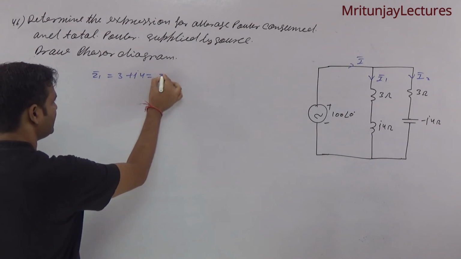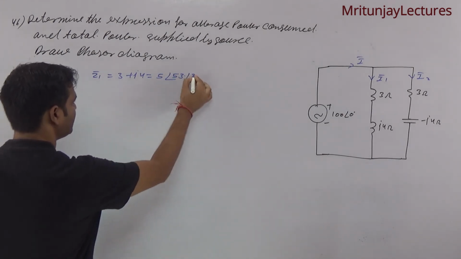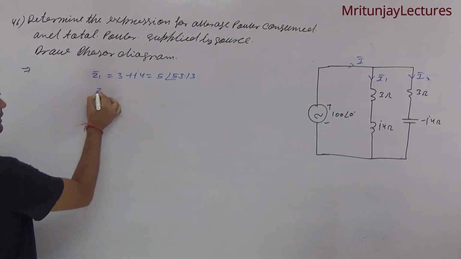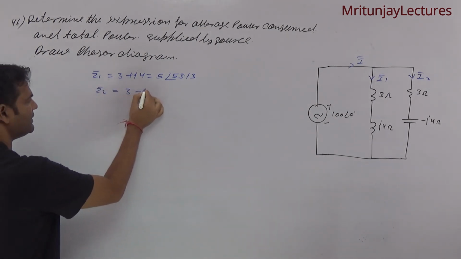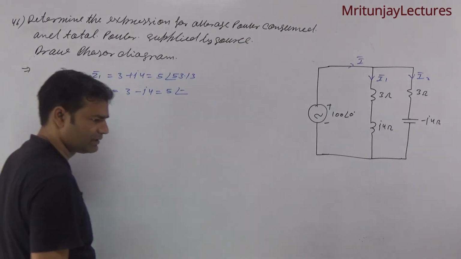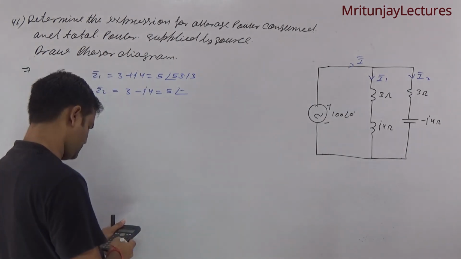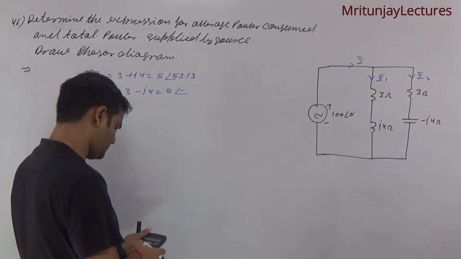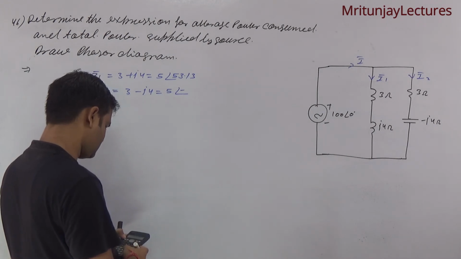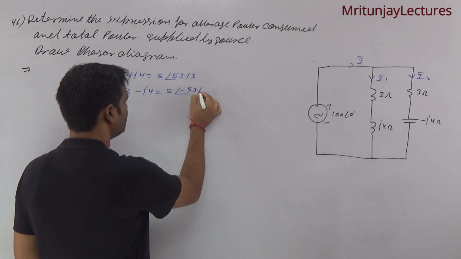It is written as 5 at the angle 53.13. Okay, and what about Z2? That is 3 minus j4, which is written as 5 at the angle minus 53.13. Clear?